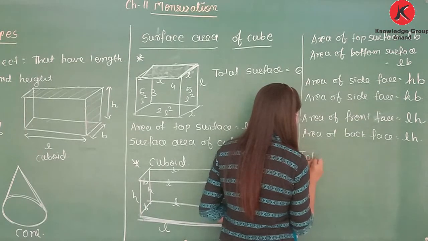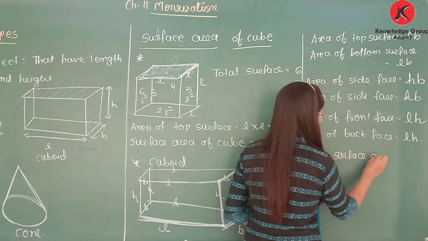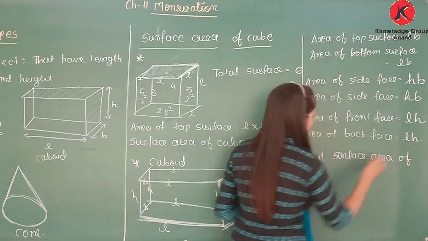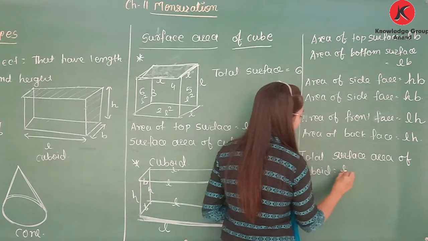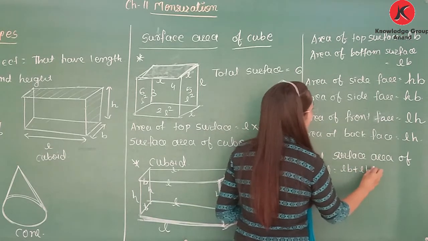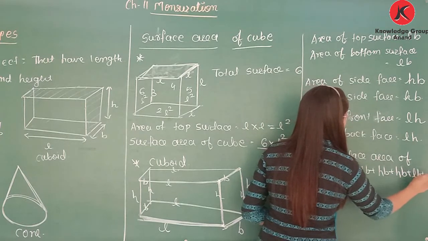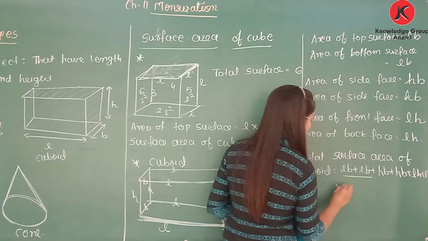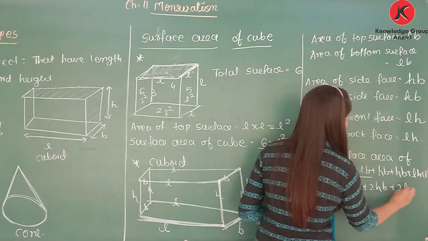Now to find the total surface area, we need to add all these faces. So the total surface area of a cuboid is LB plus LB plus HB plus HB plus LH plus LH. So 2 times LB, 2 times HB plus 2 times LH.